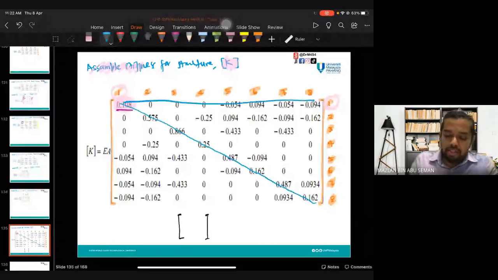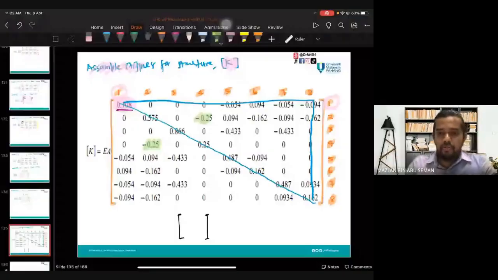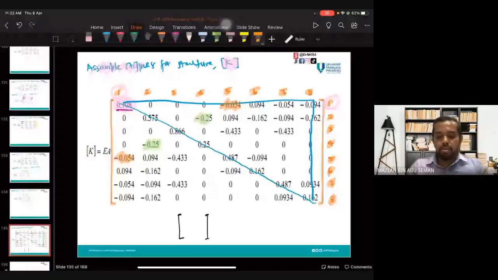If here is 0.25, here is 0.25 as well. If here is negative 0.054, here is negative 0.054. That's what I mean by symmetry. You calculate half side, then simply copy or duplicate it to the other side.